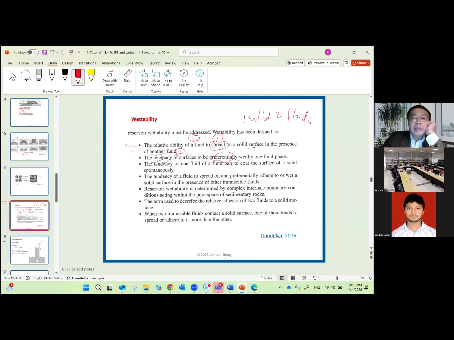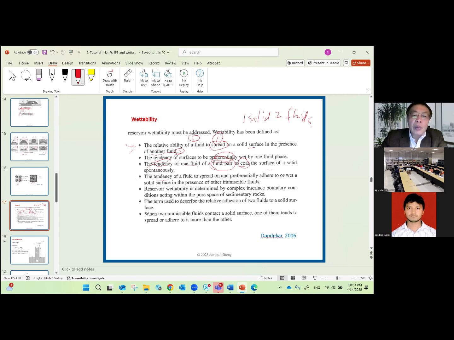The third is the tendency of one fluid of a fluid pair to coat a surface spontaneously. Another is the tendency of a fluid to spread on and preferentially adhere to a solid surface in the presence of the other immiscible fluid.